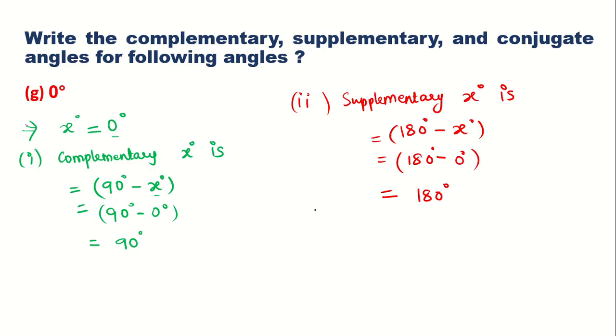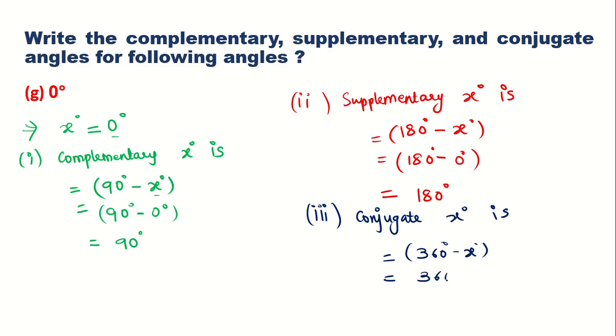Next, conjugate. Conjugate angle of given x degrees is, how will you find out? By 360 degrees minus x degrees. Now, 360 degrees minus what is given x? It is 0 degrees. So, 360 minus 0 is 360.